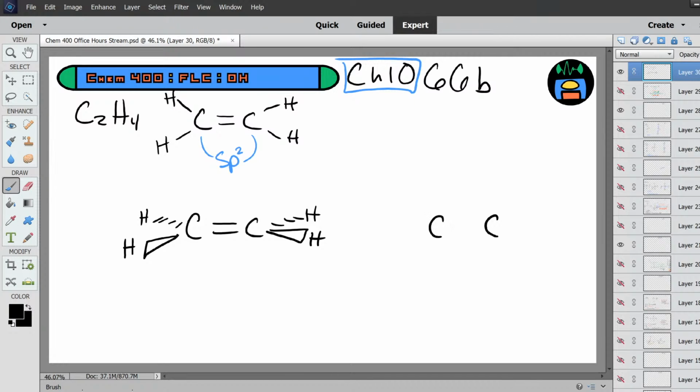First, let's get our carbon-carbon sigma going. Next we have our carbon-carbon pi.